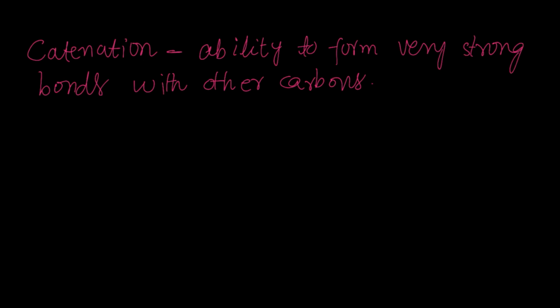Now we need to understand why it is important. We know that carbon shows catenation. What is the significance of this? The significance is that using catenation, carbon can form very long chains.